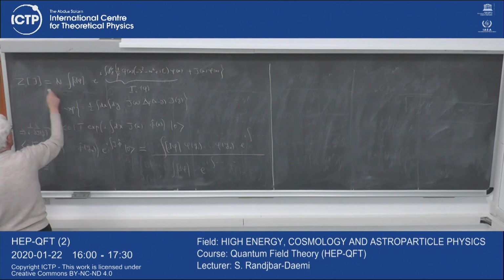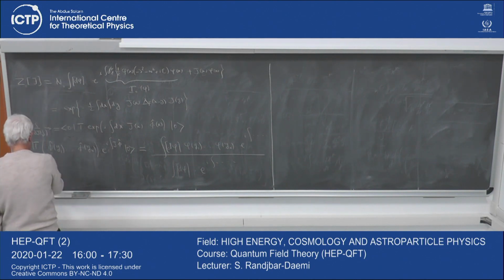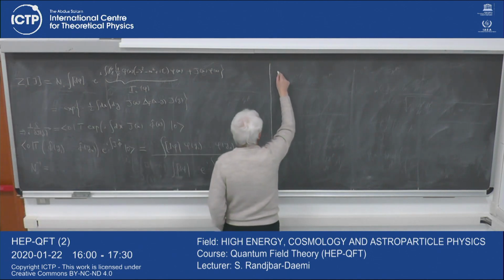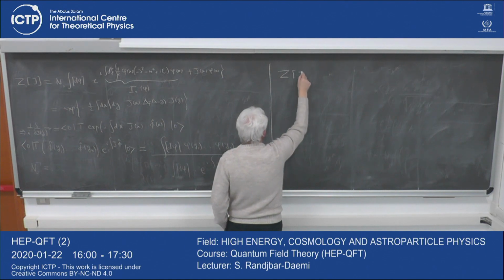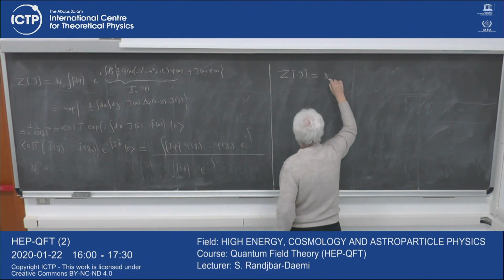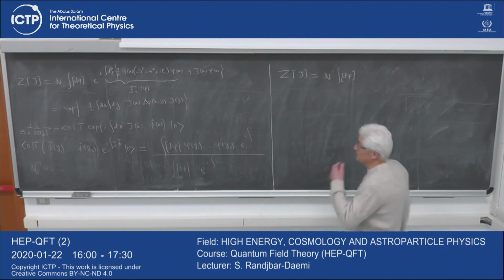I put a 0 there, the subscripts, which I'm going to drop today. So today we are going to define a Z without the subscript 0, but still it will have a constant which I will call for the time being N prime, and very quickly I will remove that prime from N.